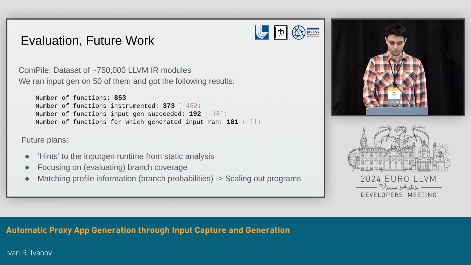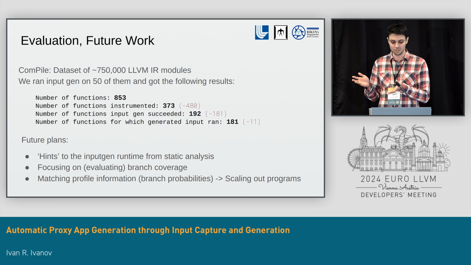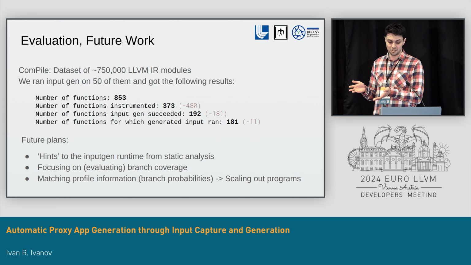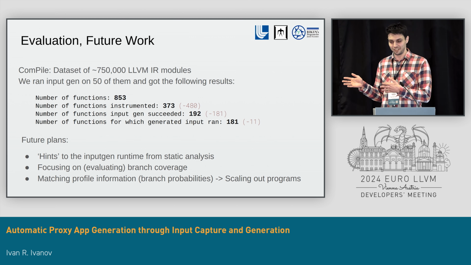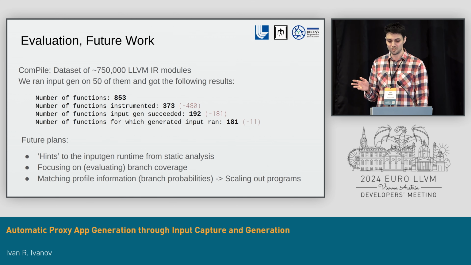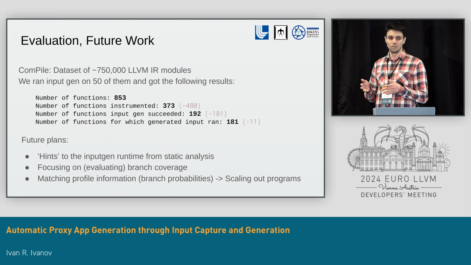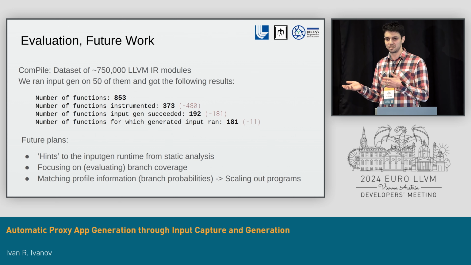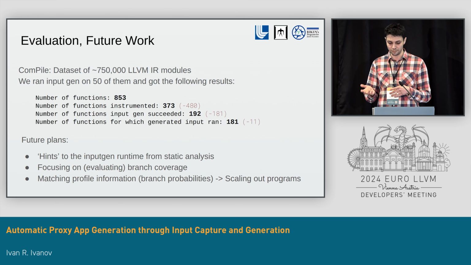We ran it on 50 modules from there, and we have 850 functions in that, and we managed to instrument 373 of them. So we lost more than half of the functions there. But this is due to some not yet implemented types, for example structs, or other instrumentation problems, which should be fixable.